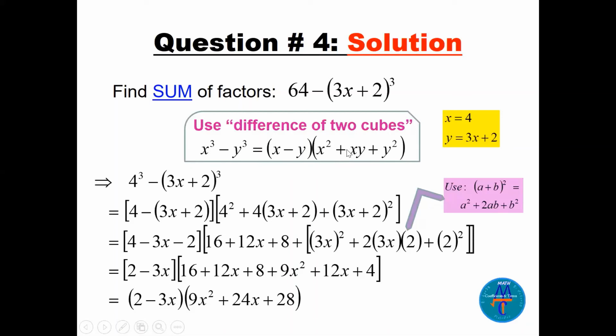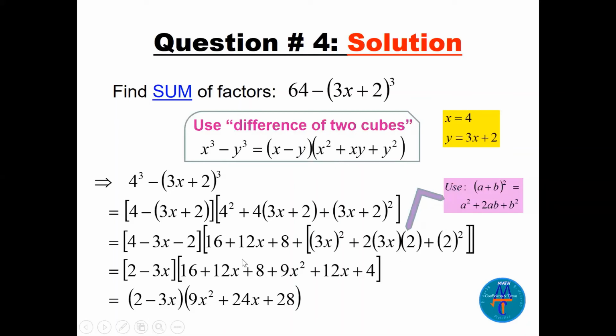Remember, some students make a mistake and put 2 here. Only we have the 2 in this perfect square trinomial. So do it, please. Just apply it: 3x squared, and then 2ab, this is 2 times 3x and 2, the b here, plus b squared, 2 squared.